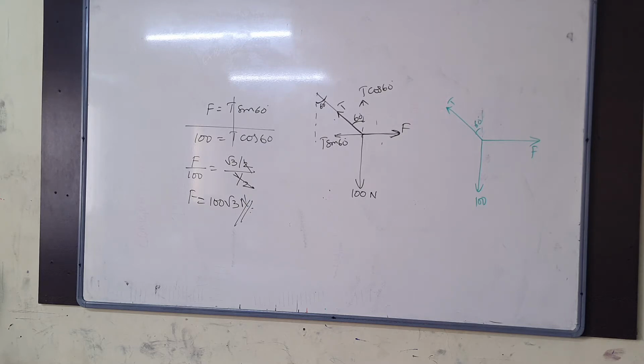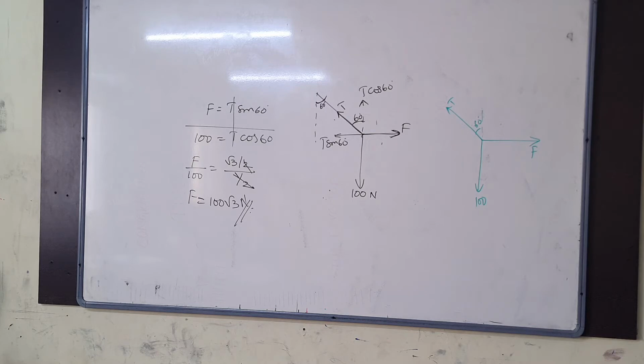What answers by Lami's theorem? That is equal to 100 by sin 120, nothing but sin 180 minus 30, you can take sin 30, again 120.